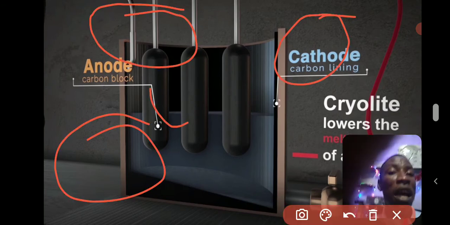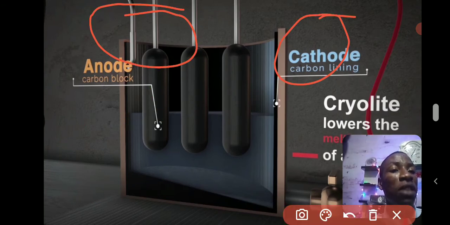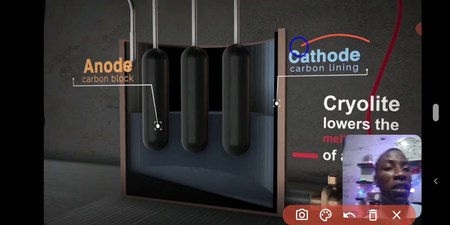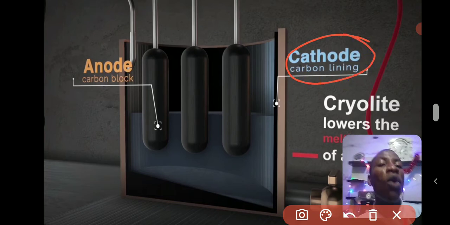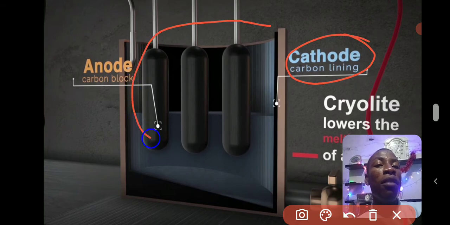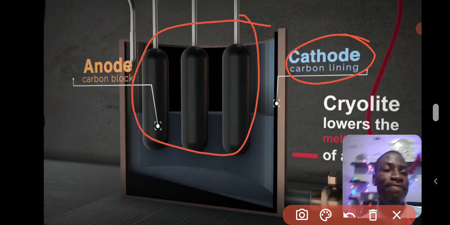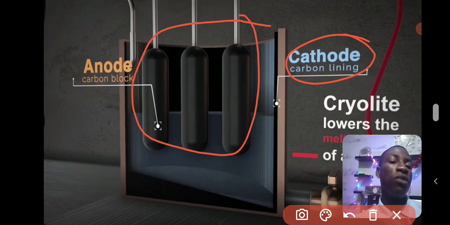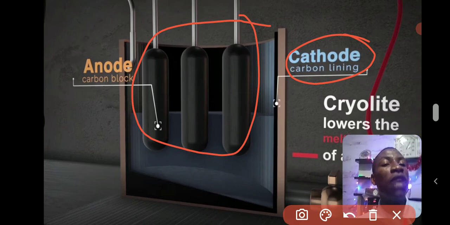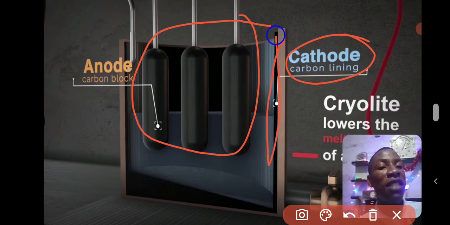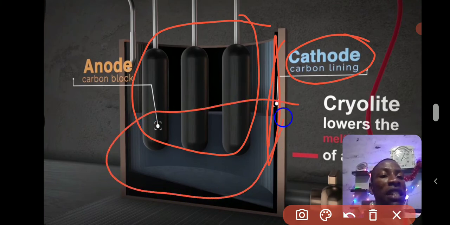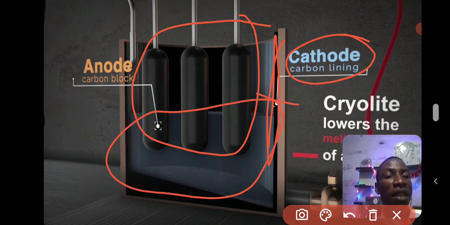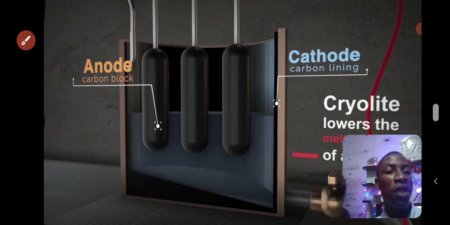You can see the carbon lining is the cathode in this place. The lining of the container is the cathode. These three blocks of carbon are the anode. So this serves as the anode, while the lining serves as the cathode. Don't forget, this is the electrolyte inside the reduction cell.